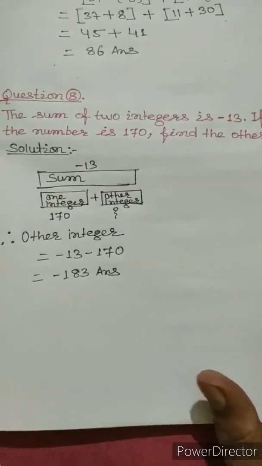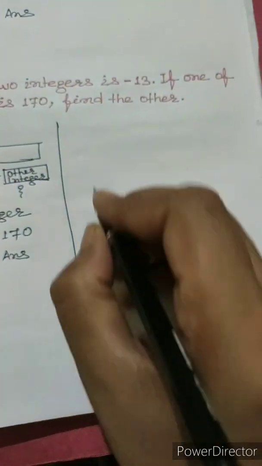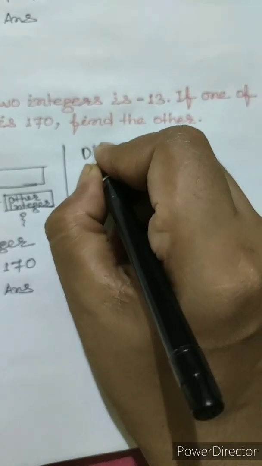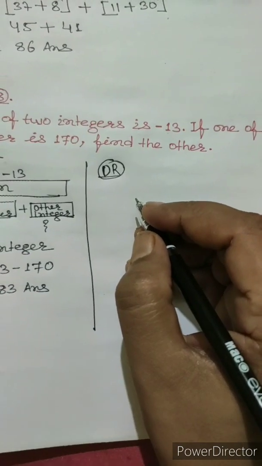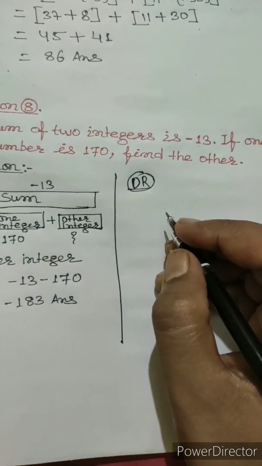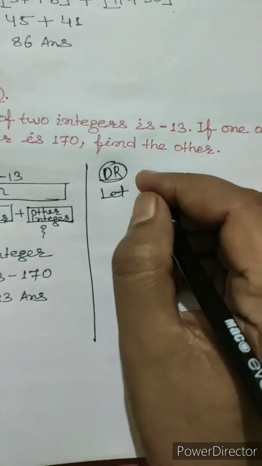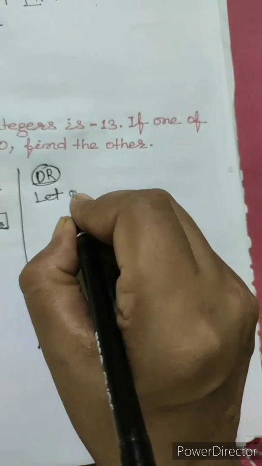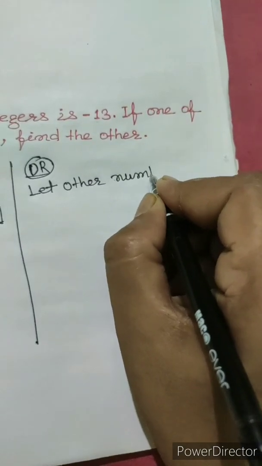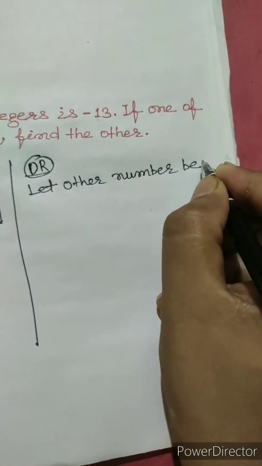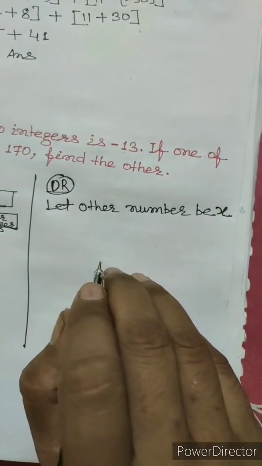Now one more method I am going to explain here. Or you can write like this. Here what you can do, you can write, let the other number be x. Let the other number be x.